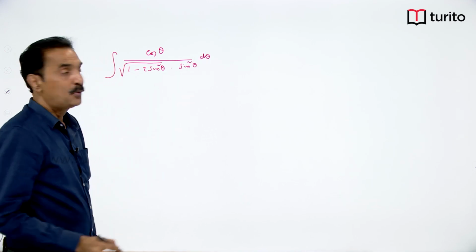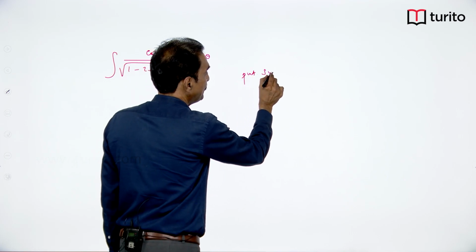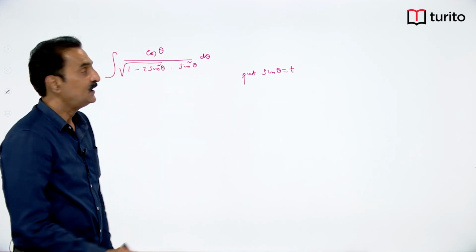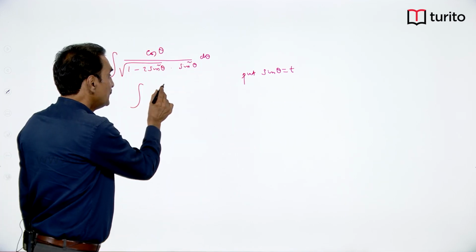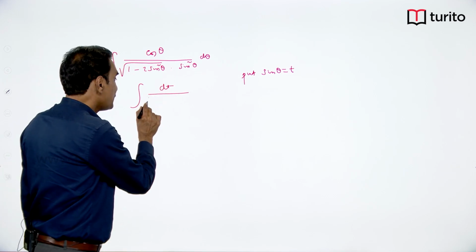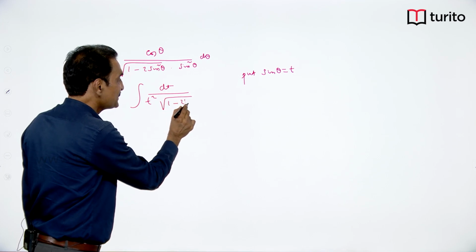Okay. Put sin theta is equal to t. Then cos theta d theta will be dt. It becomes dt by t square into root over 1 minus 2t square.